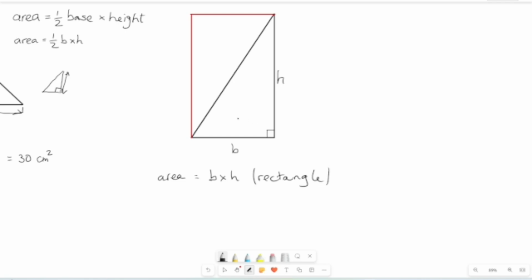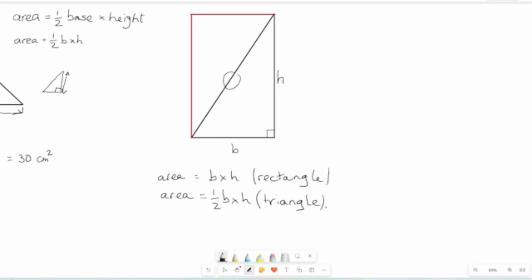And this line here divides the rectangle in two. Therefore, the area of half of the rectangle, which is the triangle, is simply a half of the area of the rectangle, half of the base times the height. And that works for right angle triangles.